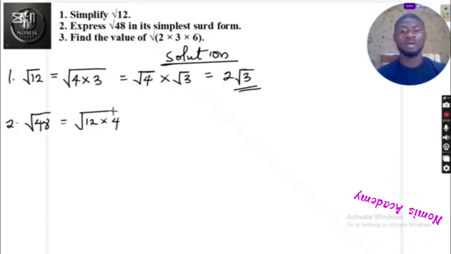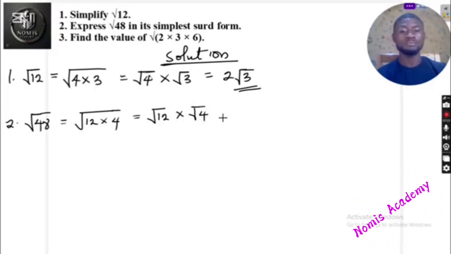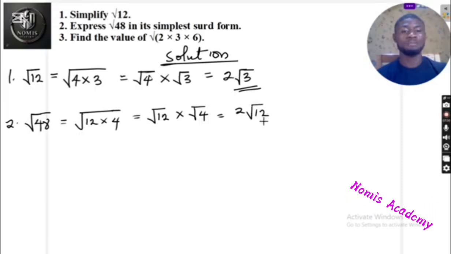So when you have 12 times 4, you can simplify it by saying root 12 multiplied by root 4. Root 4 is 2, and this is root 12 already. So this becomes 2 root 12. But is this totally simplified?